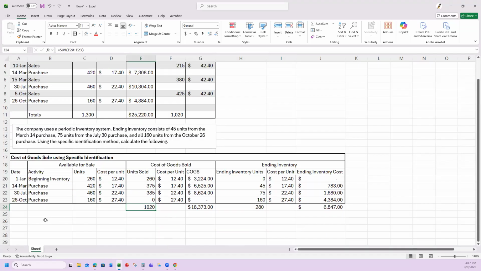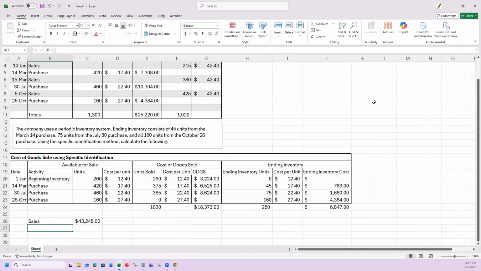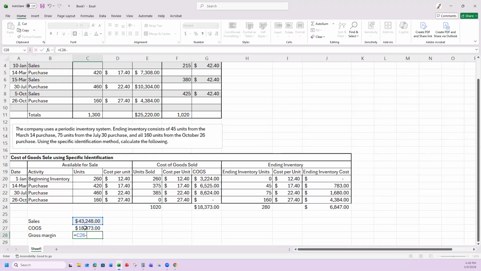If we wanted to figure out our sales, just say we sold 1,020 units times their sales price, which was $42.40. So that's our sales, minus our cost of goods sold, which we figured out right here. So our gross margin will just be sales minus cost of goods sold.